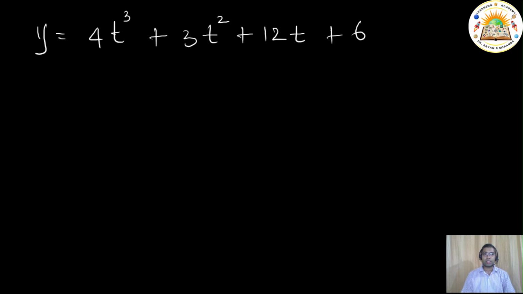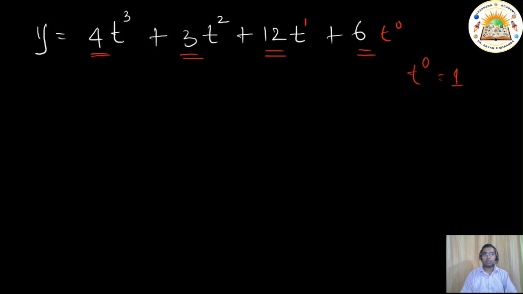Whenever we are differentiating, the constants that are there, we are not going to touch. Here, I can do a small addition. This is t power 1 and this is t power 0. It is a well-known fact that anything to the power 0 is equal to 1, so I'm not altering the equation. I've just made some subtle changes.